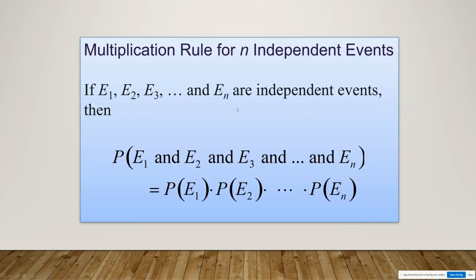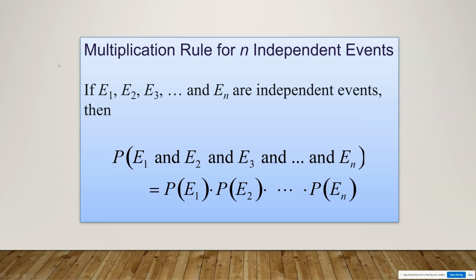So the multiplication rule for n independent events: if E1, E2, E3, all the way to En are all independent events, and you're asked the question, what is the probability this and this and this and this happens? As long as they're all independent, you would just multiply their corresponding individual probabilities.